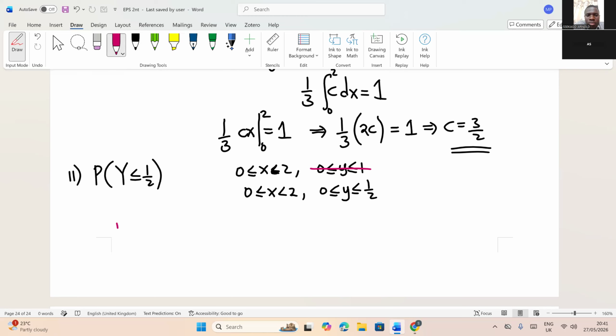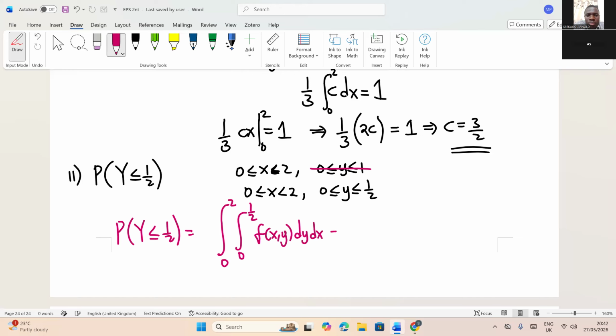Therefore, the probability of Y less or equal to a half is equal to the integration from 0 up to 2, x remains, then y from 0 up to a half, f(x,y) dy dx.